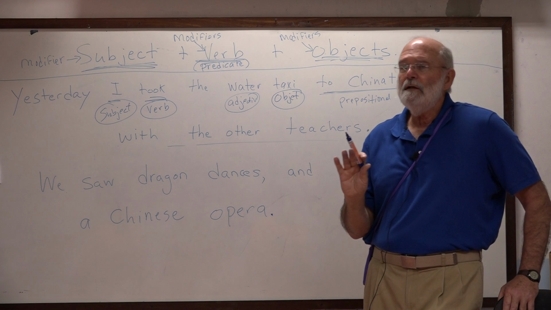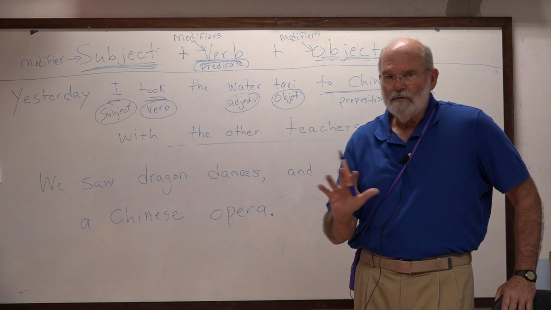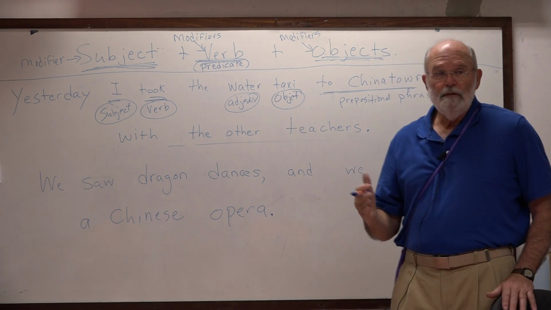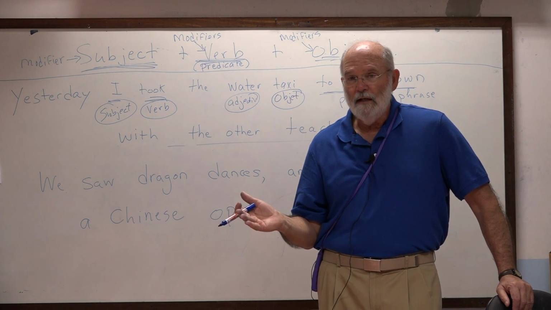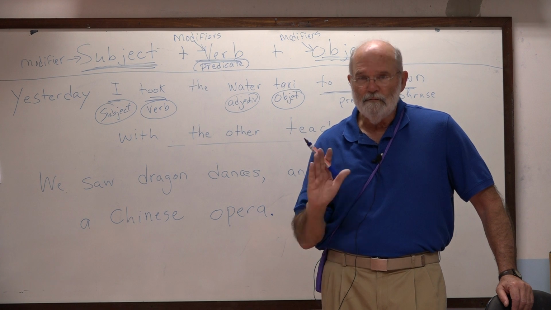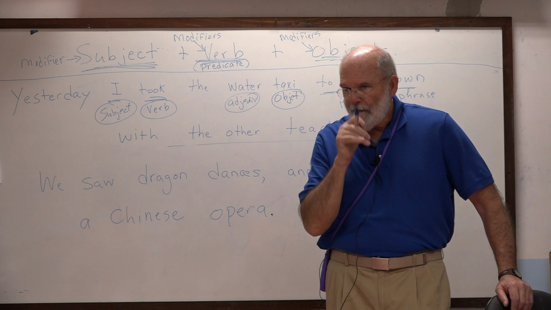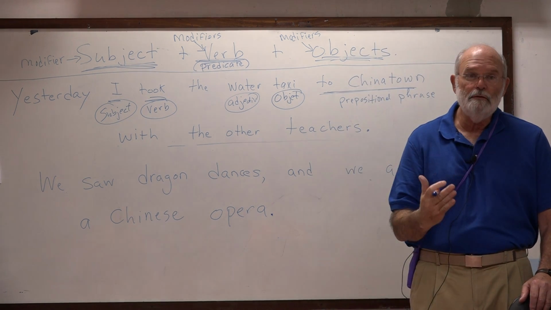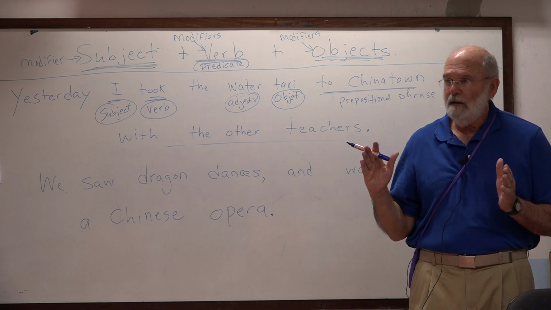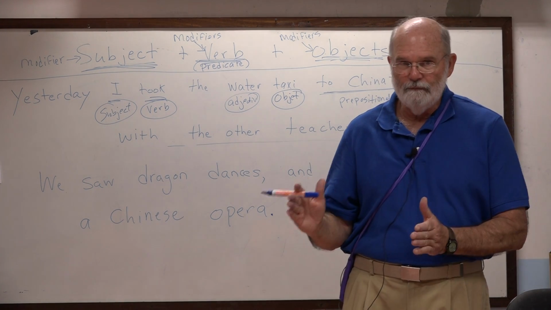Now, if I wanted to vary the sentence structure, it would still be correct to say, with the other teachers, I took the water taxi. That would not be incorrect, but it's not the normal way of speaking. And what I encourage you to do is to practice the order that is most typical, that is used most often.